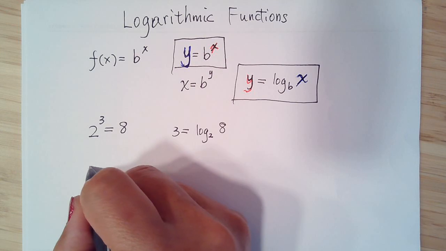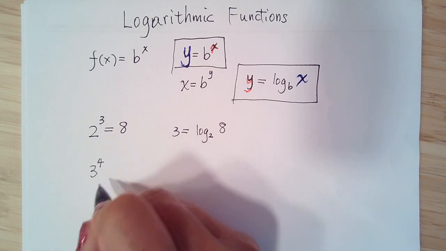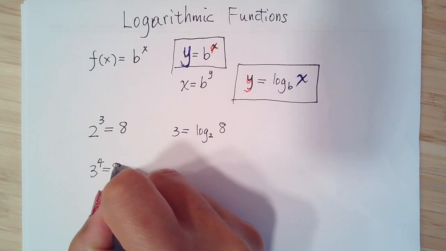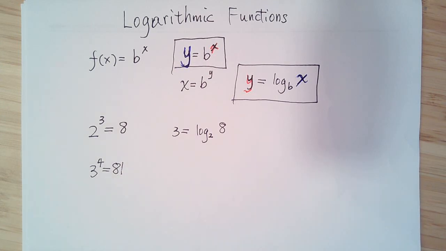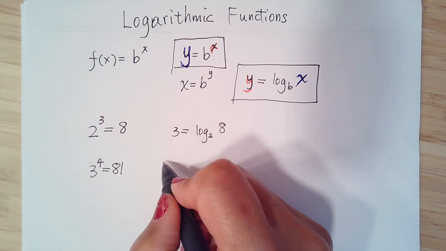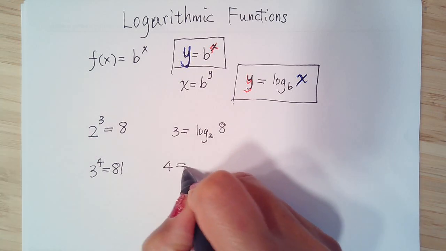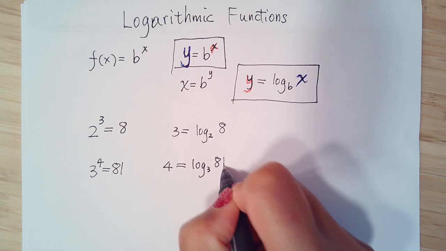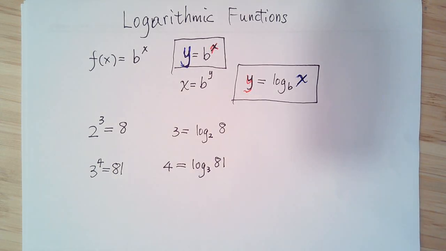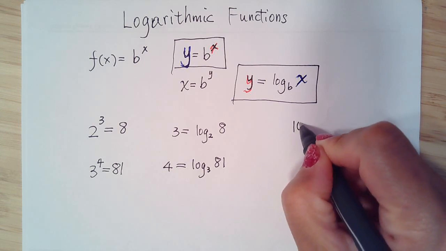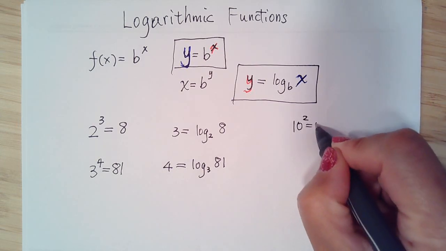So what about 3 to the 4th, which is 3 by 3 by 3 by 3? So that's 81. If I ask you to write that in the log form, then 4, the exponent, will be log base 3 of 81. Try more. 10 squared is 100, right?